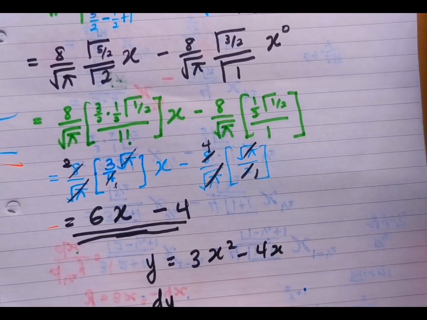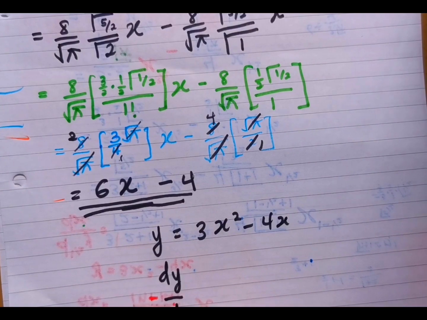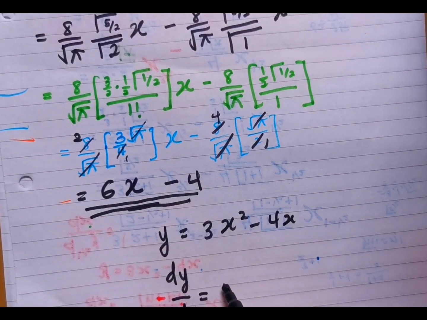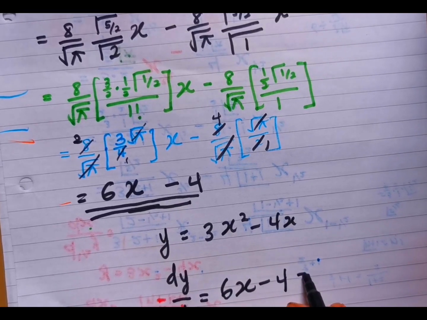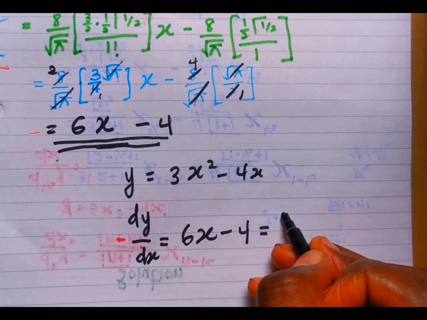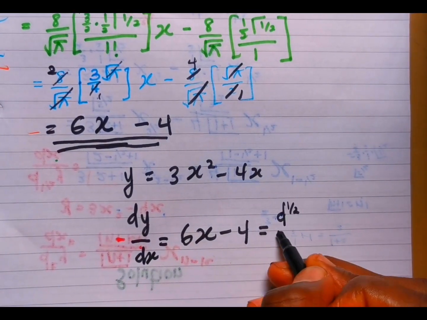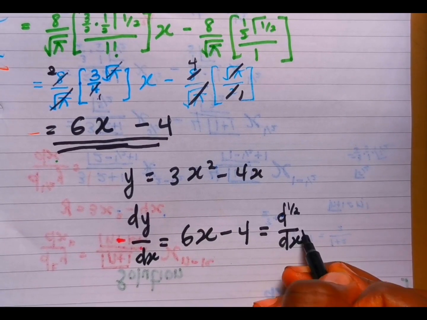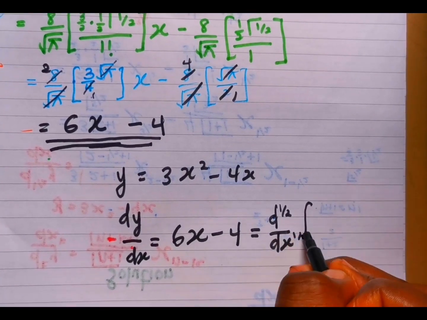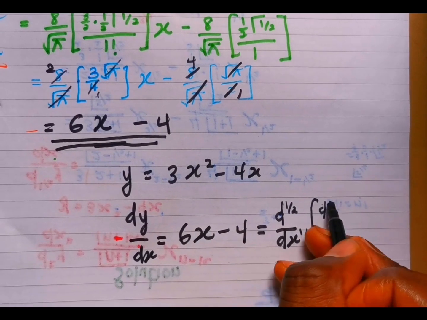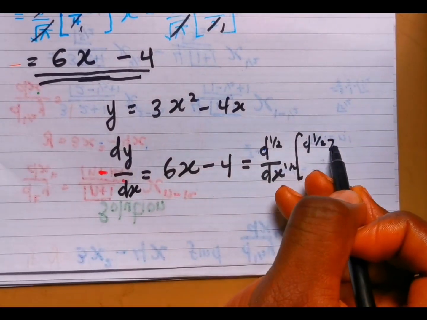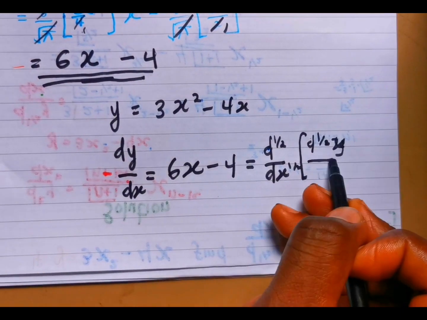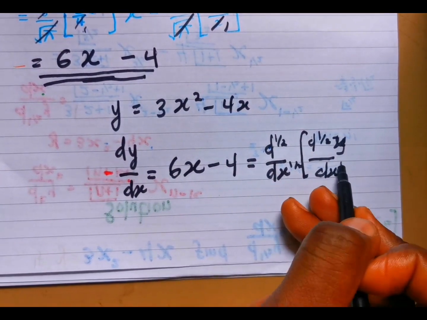So dy over dx is equal to 6x minus 4. And this is the same thing as the half derivative of the half derivative of y.